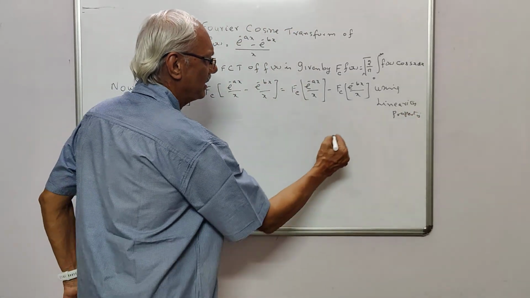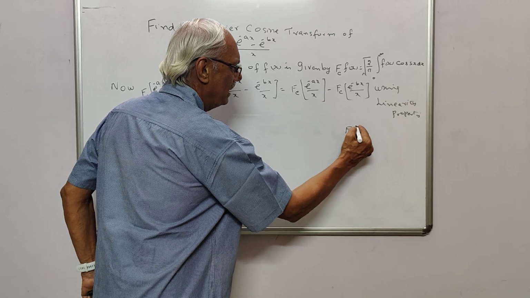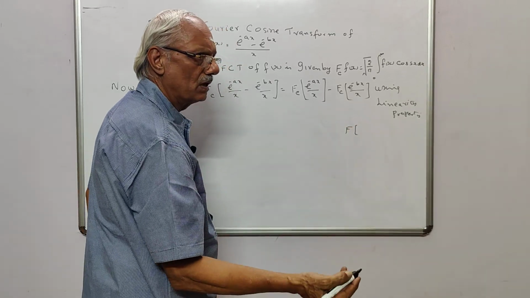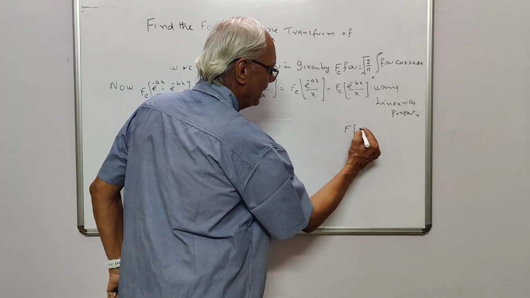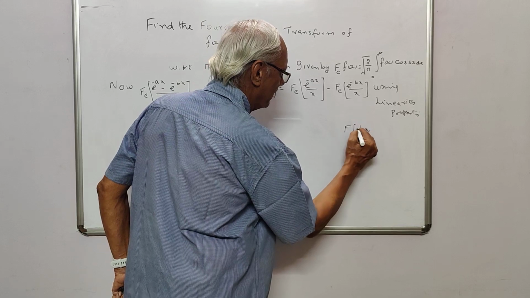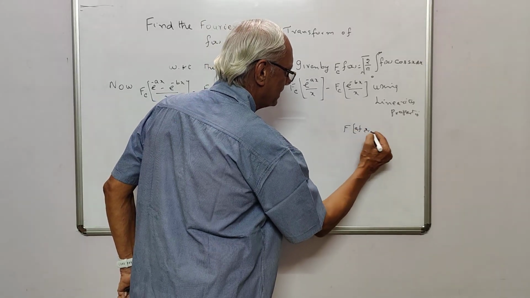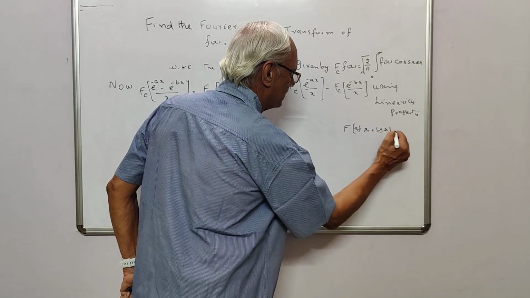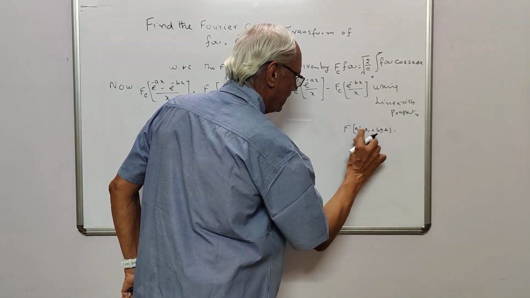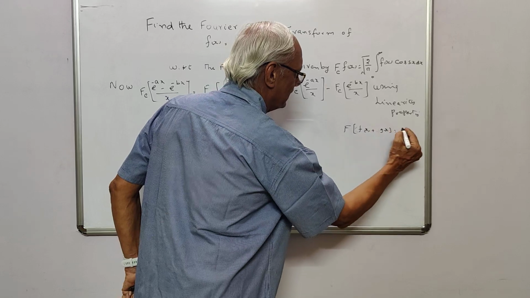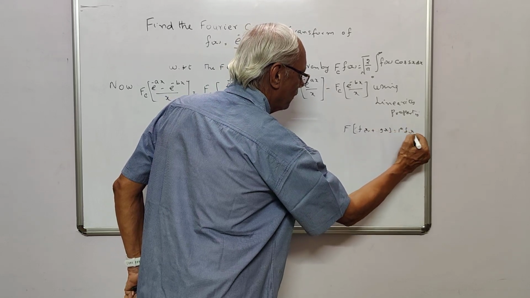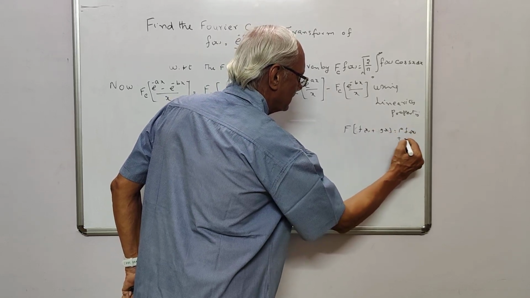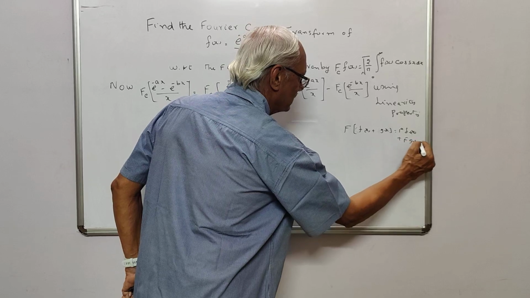The linearity property, even for the Fourier transform, is that F of a f of x plus b g of x is equal to a times F of f of x plus b times F of g of x.